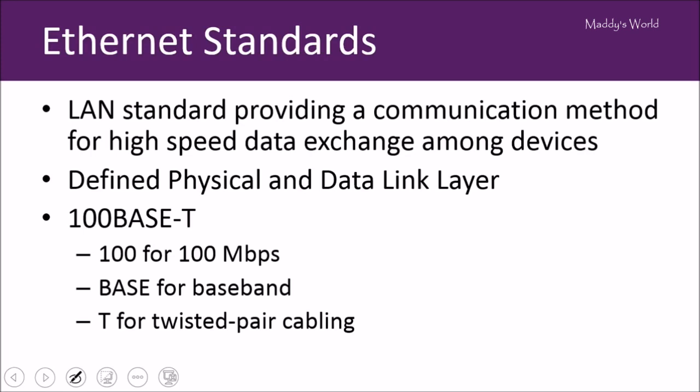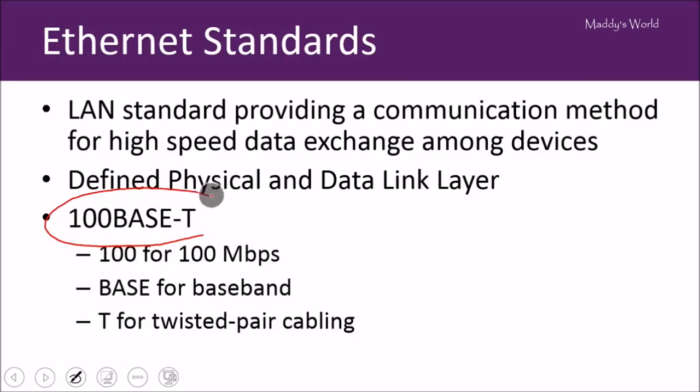Defines a communication method for high-speed data exchange among devices. And you're commonly going to see that the technologies here are referenced in this particular format, 100 base T as an example. 100 is for 100 megabytes per second.